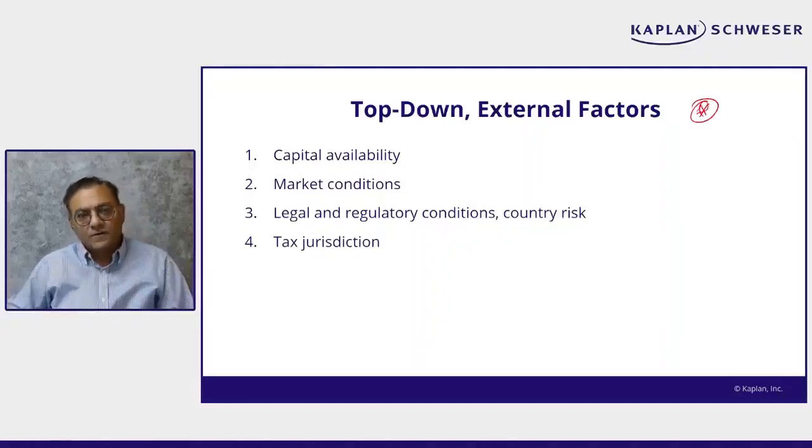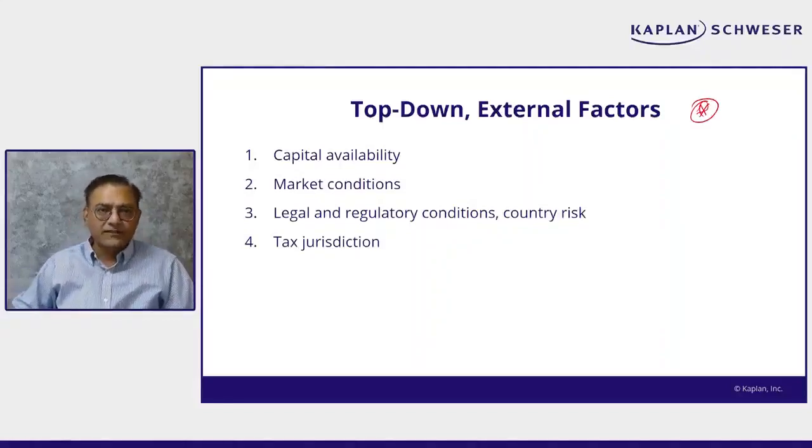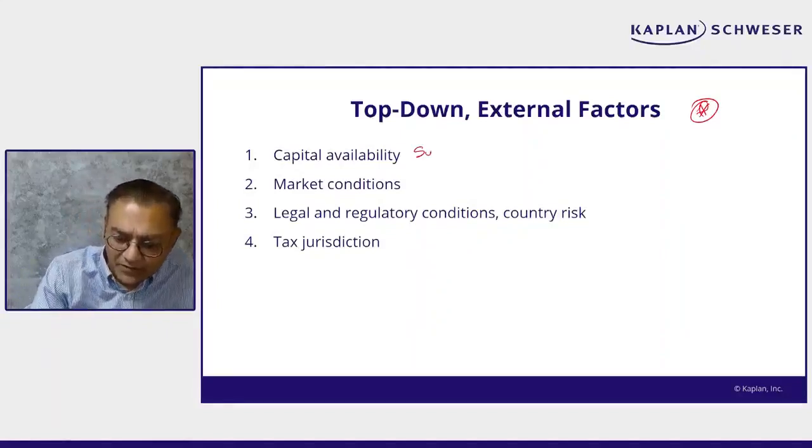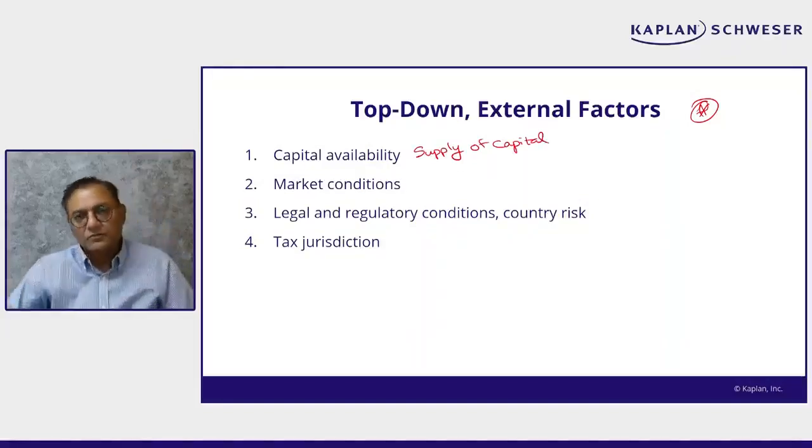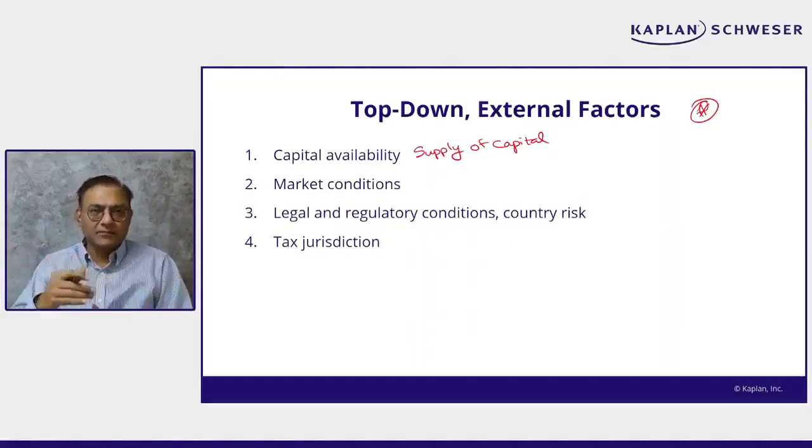Let's talk about the top-down or macro factors, which are important, and there are four of those. Number one is capital availability, which basically determines the supply of capital. Remember, cost of capital is going to be based on the intersection of the demand and supply curves. In this case, the cost of capital is the interest cost or cost of equity, depending on the type of capital.